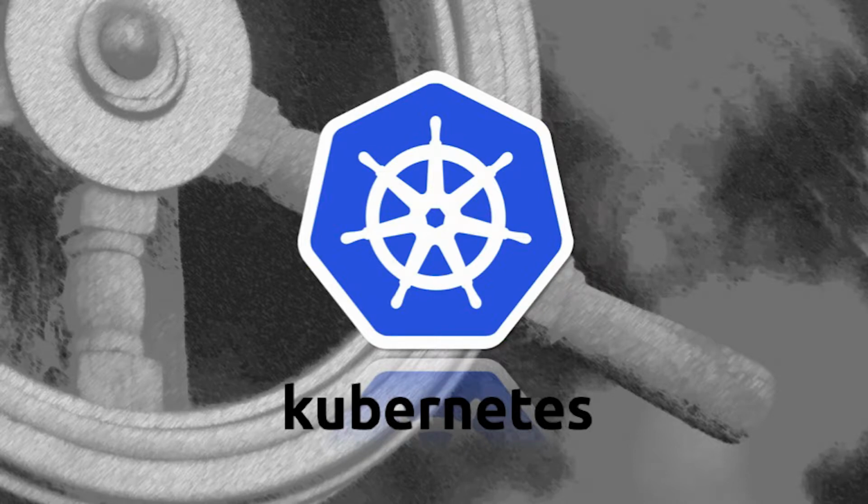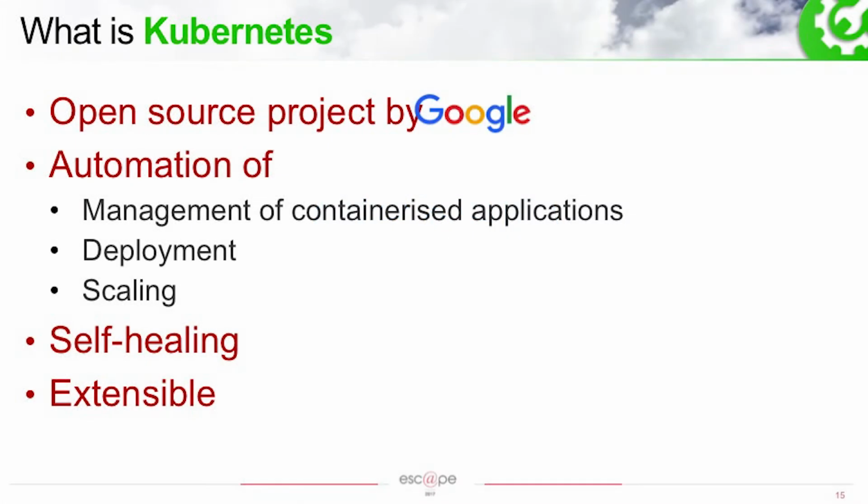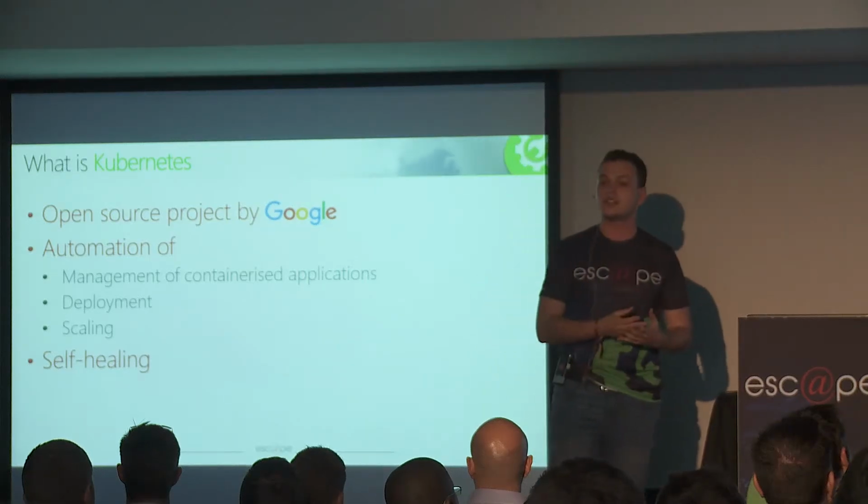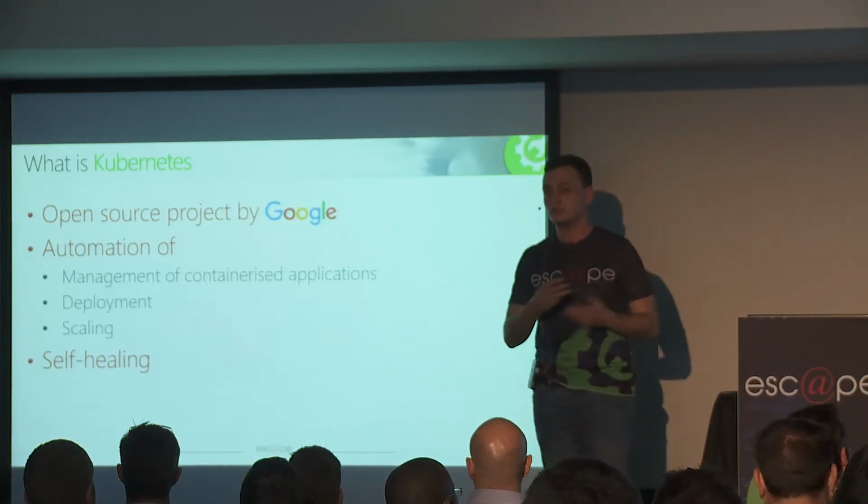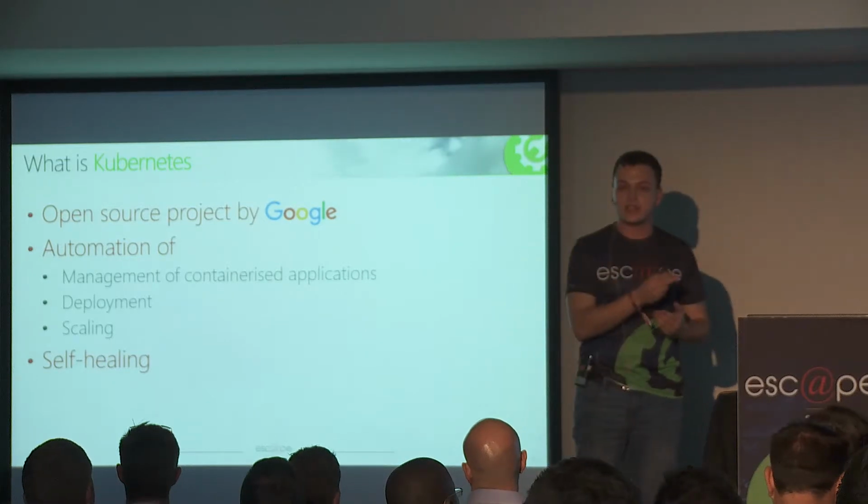Introducing Kubernetes. It's an open source project that's been developed by Google, and it facilitates automation of management of containerized applications, the deployment, and the scaling thereof. So one of the major value propositions of Kubernetes is this fact that it's self-healing. When I deploy an application, I can define certain health checks that Kubernetes will, on specified intervals, keep on checking.